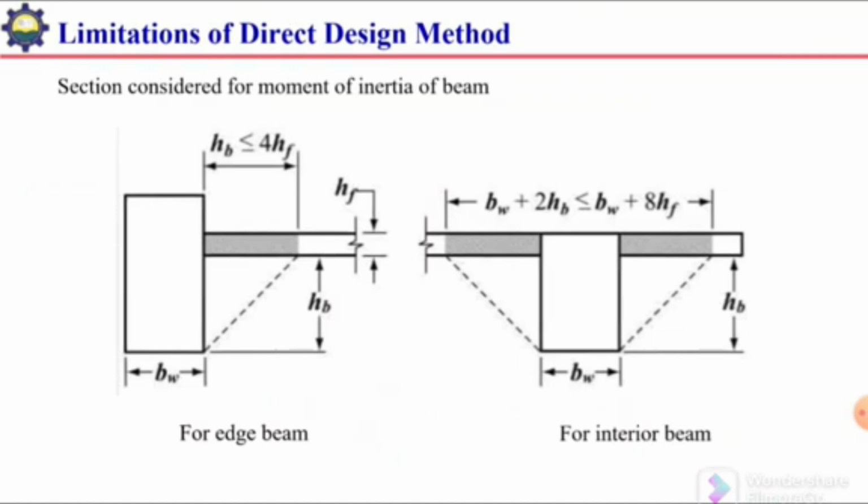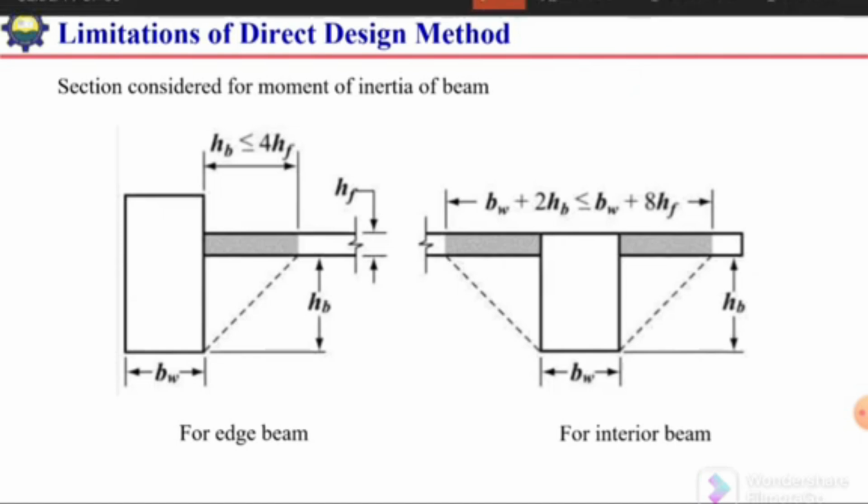Okay, as we know that in case of monolithic construction, we do not consider the beam as just a rectangular section. We also consider some part of the slab as part of the beam.